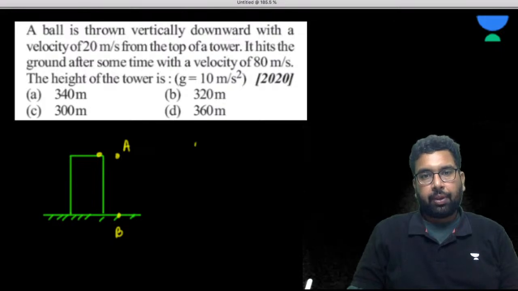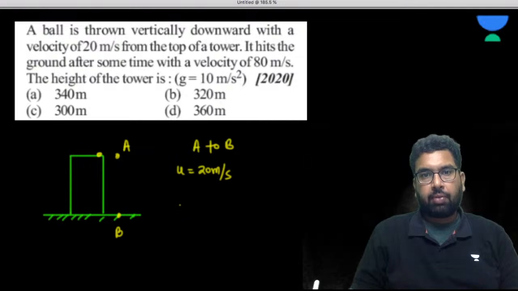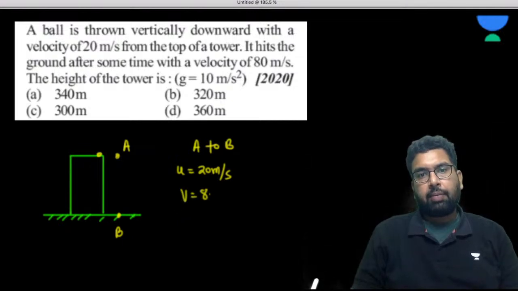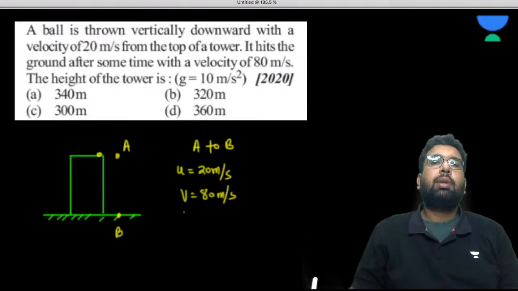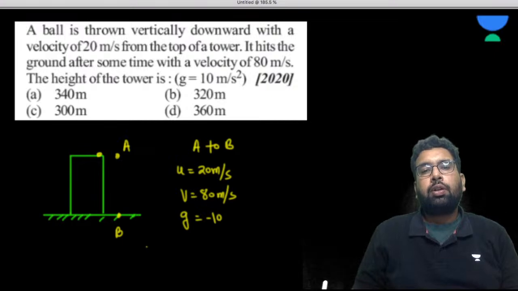So I'll consider the motion from A to B. What is the initial velocity? It is 20 meter per second, and it hits the ground after some time with a velocity of 80 meter per second. So final velocity is 80 meter per second. G is minus 10. So what is the height of the tower? Which equation can we use?